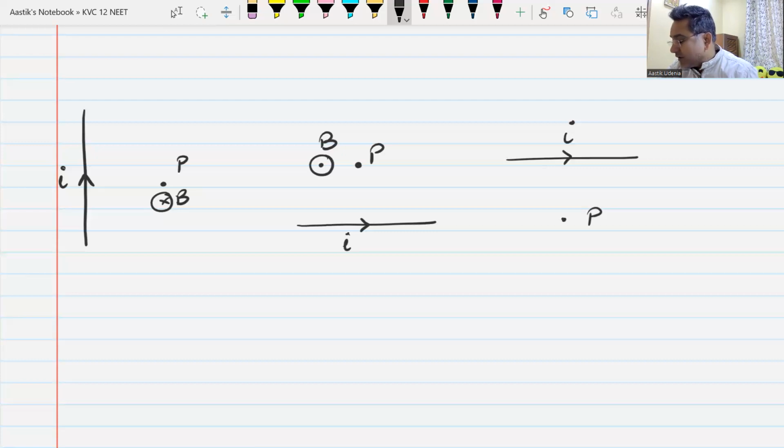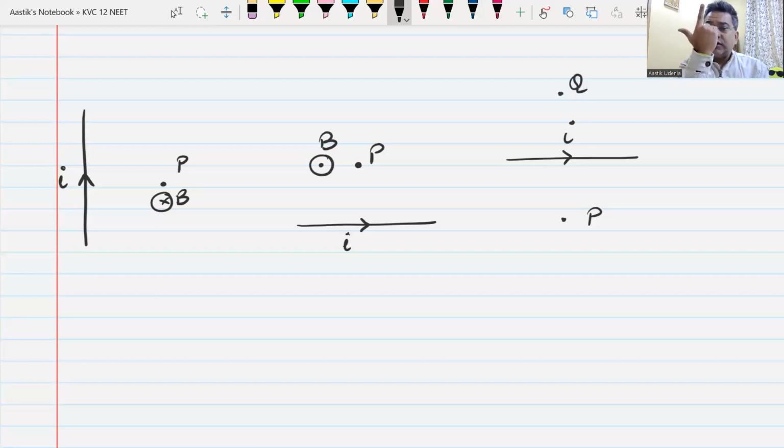What is the direction of current here? Inward or outward? So, I'll make one more point here, point Q. Now it becomes easier for you to understand.